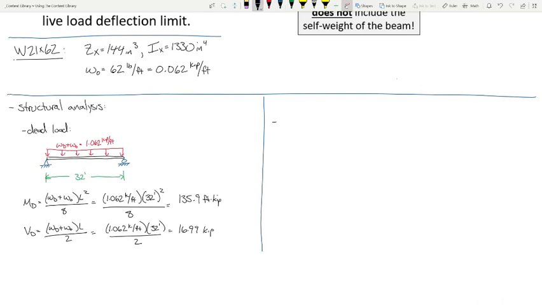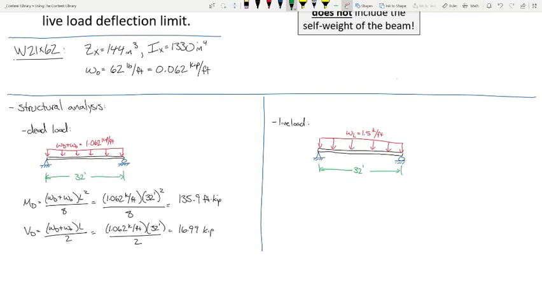What about the live load? The live load is also a simply supported beam with a distributed load, 0.5 kips per foot over 32 feet. So it's the same case.